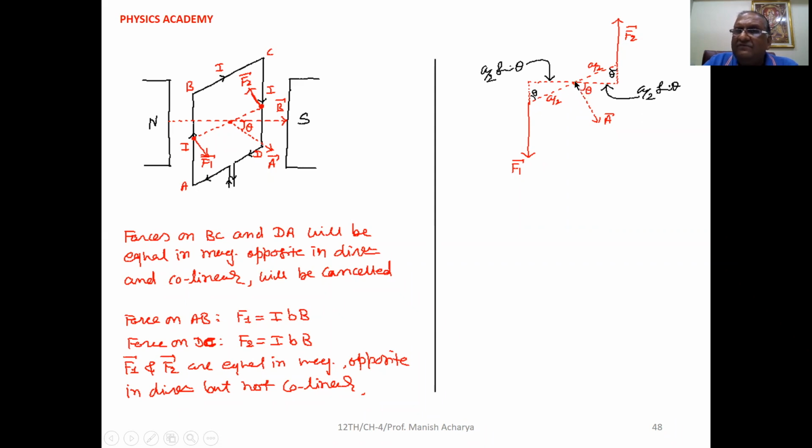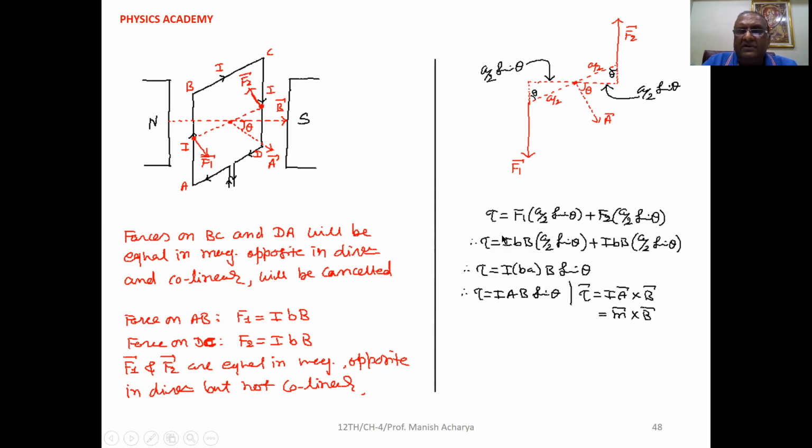Now from the center, the perpendicular distance of force F1. So here if this angle is theta, then this will also be theta. So perpendicular distance is a by 2 sine theta. Similarly, here force F2 is also at perpendicular distance a by 2 sine theta from the center.